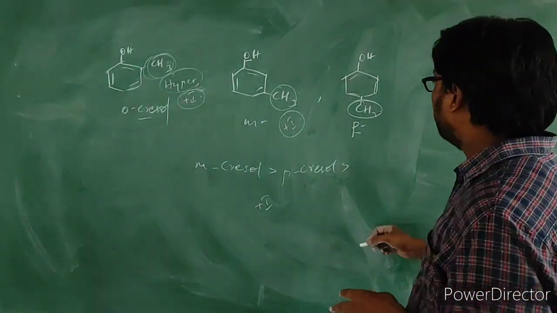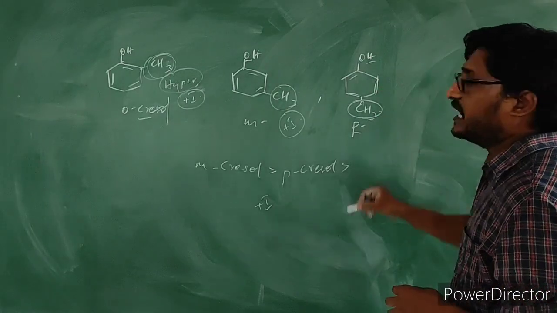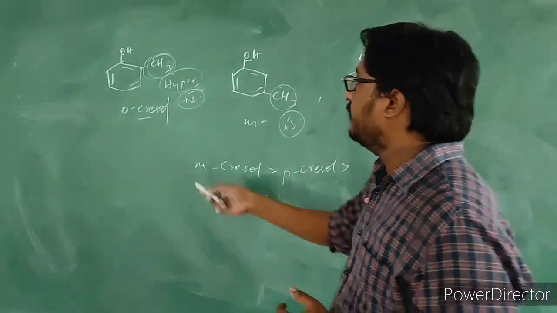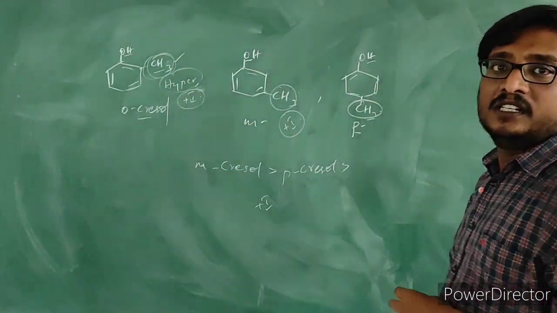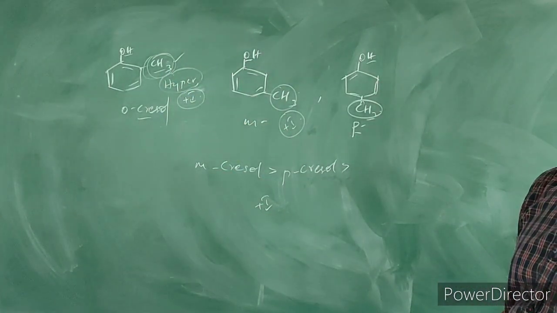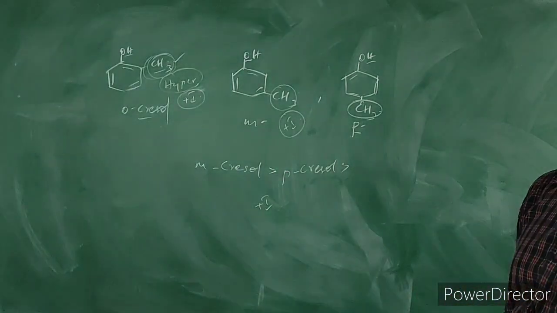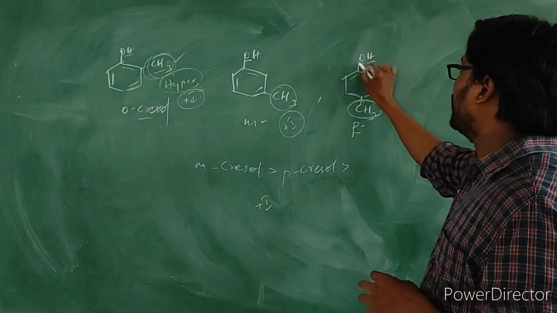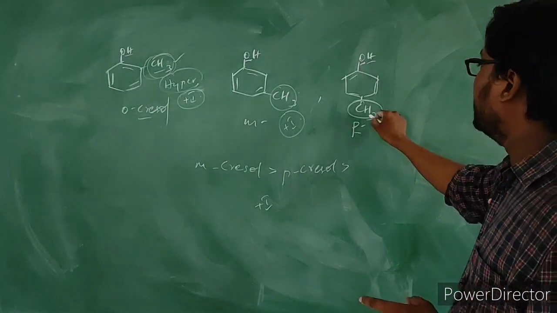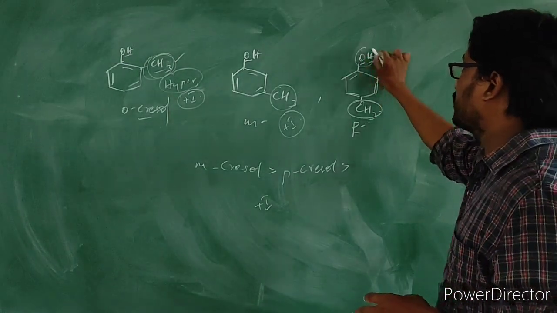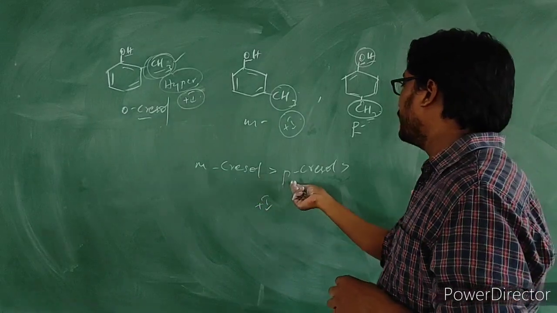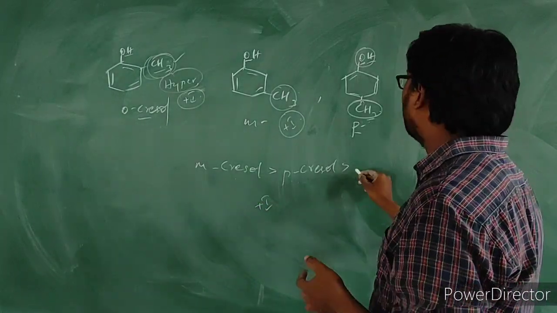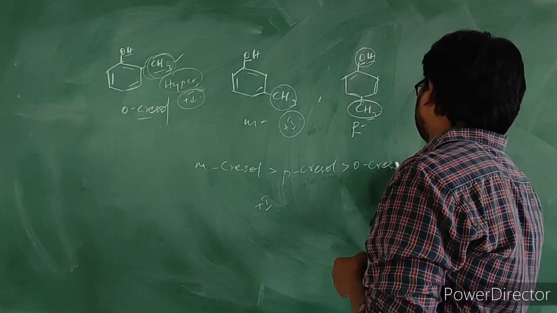So you can see here that between the OH group and the methyl group, the distance got increased when compared with the OH group and methyl group in orthocresol. As the distance increases, the positive inductive effect decreases. Nothing but electron density on this oxygen atom decreases when the CH3 group distance from this OH group increases. So that is why metacresol is more acidic than paracresol, and paracresol is more acidic when compared with orthocresol.